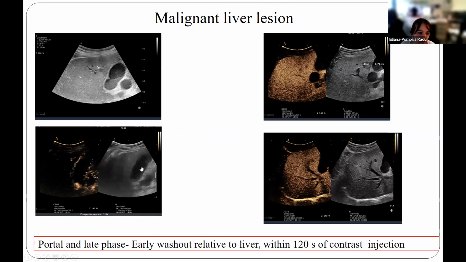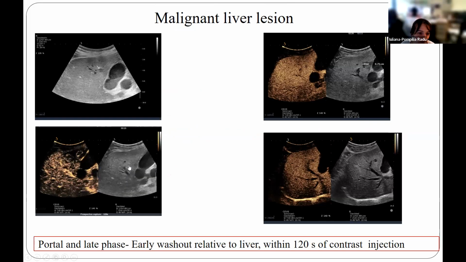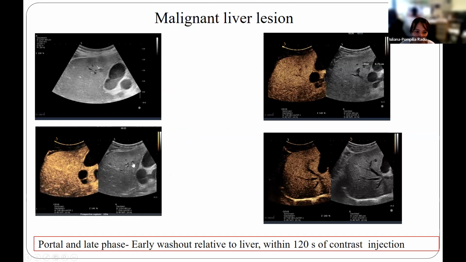Slowly, here is the lesion. Here, you see, the lesion takes the contrast. We don't see any hole. This is followed after 2 minutes by a slight washout that is accentuated.